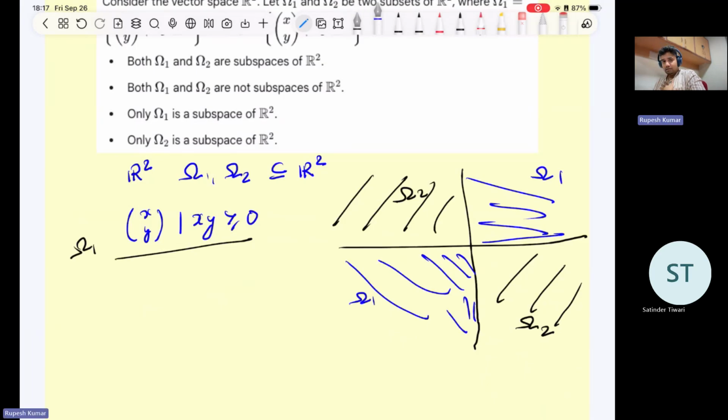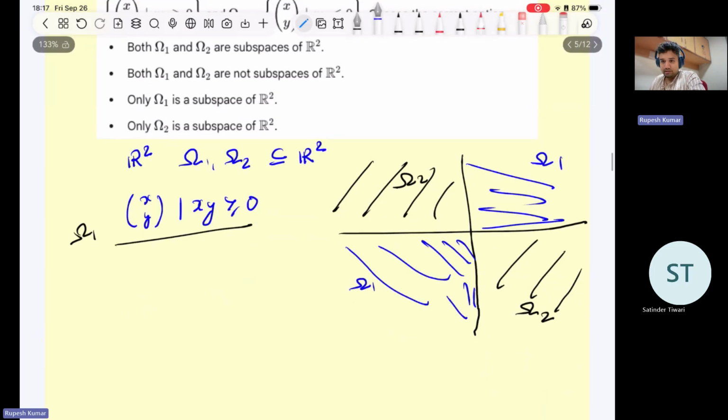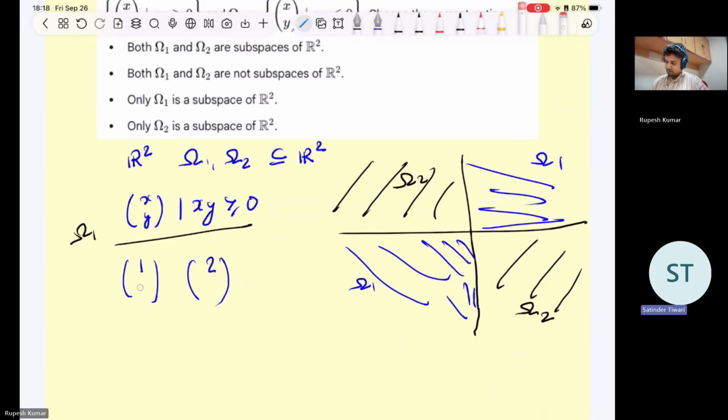Let's take a vector in this omega 1 region, let's say the vector 1 comma 1 and the vector 2 comma 2. We can take a vector from the third quadrant.